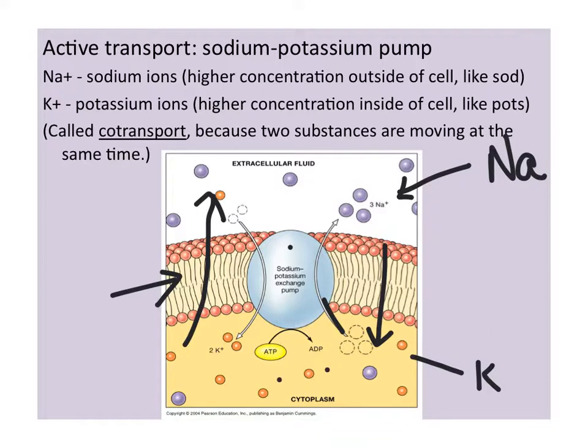Outside in your front yard, you have lots of sod for sodium. And that's where you want it. But life goes on, and every now and then, especially if you have kids, you might find your pots and pans out in the front yard. And as people go in and out of the house, you might find some sod in your living room inside your house. You don't want it there.